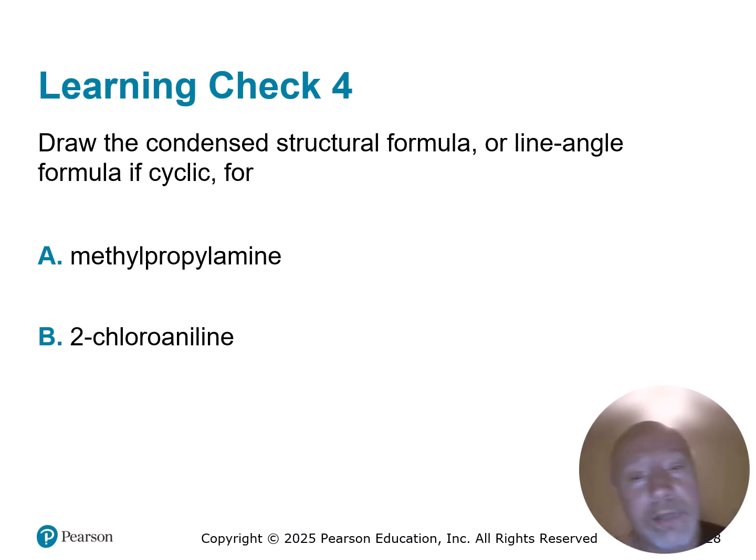And so now they want us to write these structures, methylpropylamine and 2-chloroaniline. So with methylpropylamine, we know that we must have a nitrogen with a propyl attached on one side, a methyl group on the other, and a hydrogen. With the 2-chloroaniline, we know we're going to have the benzene ring with NH2 attached to it, and then at position 2 of the ring, we're going to have a chlorine.